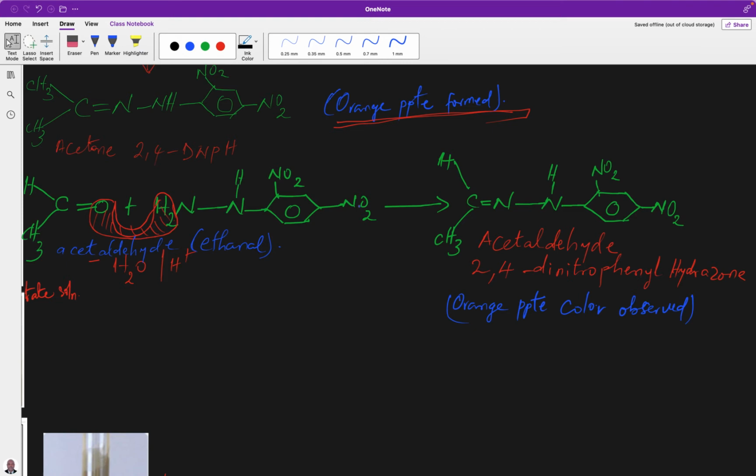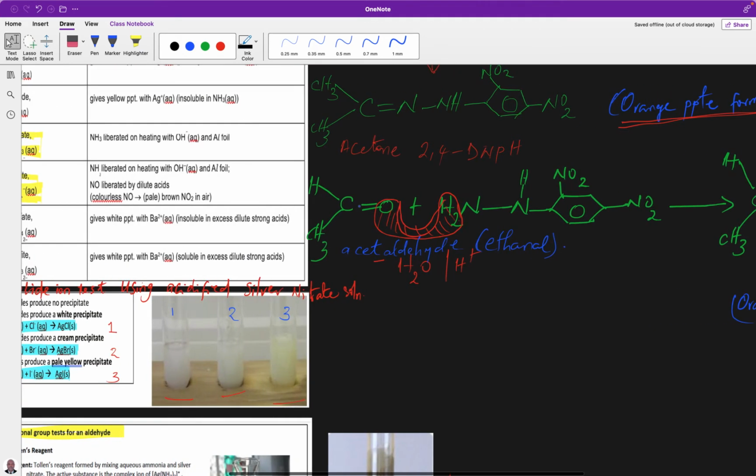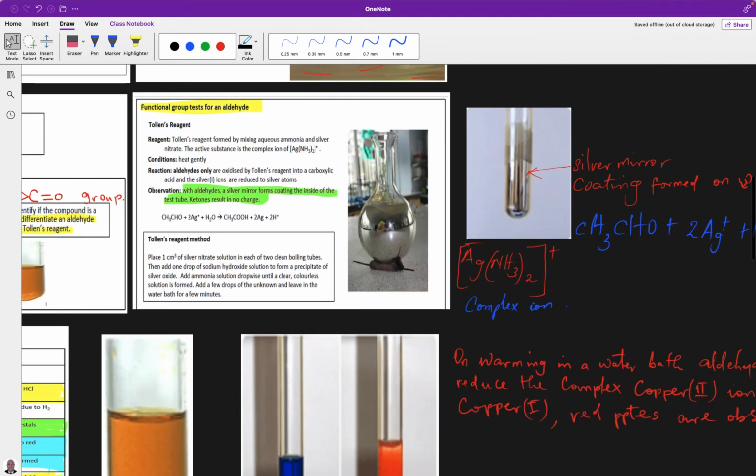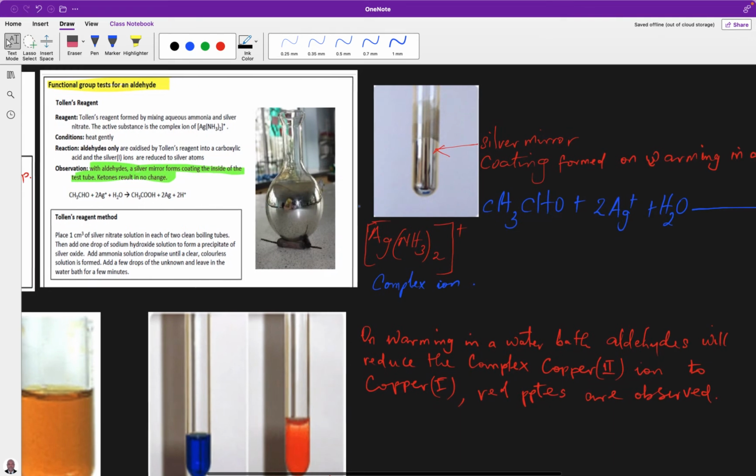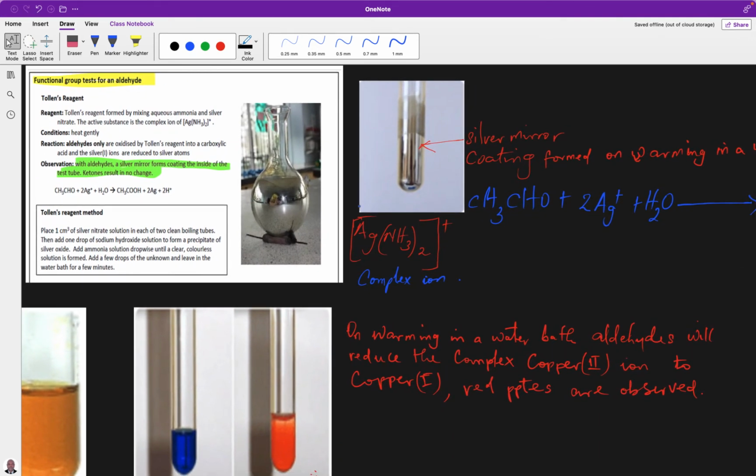Now, as I told you, many compounds have the same functional group, the aldehydes and the ketones. The examiner may go further to see how we can differentiate whether it is a ketone or an aldehyde.